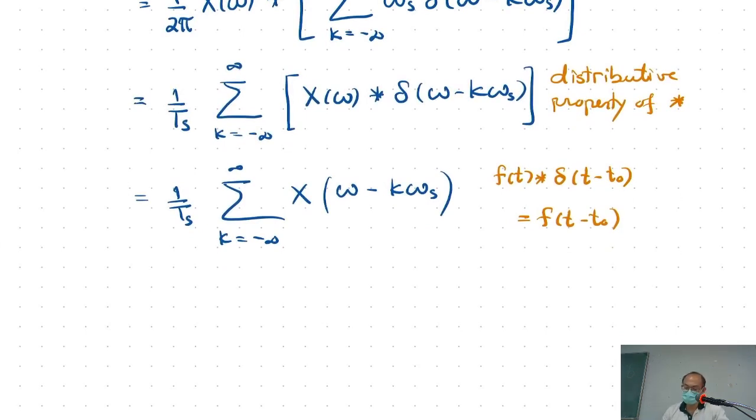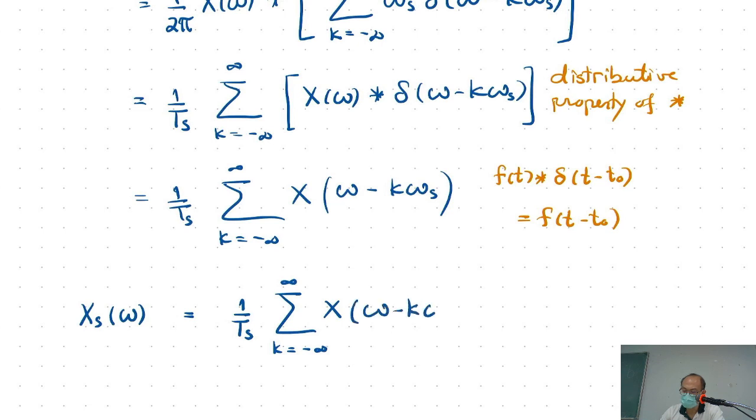So we can conclude that the spectrum of the sampled signal is given by 1 over Ts, summation of k from minus infinity to infinity, of X(omega minus k omega s). Now this is a big result. So I'm going to put a box around it.